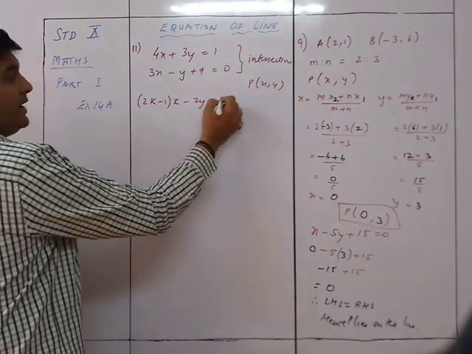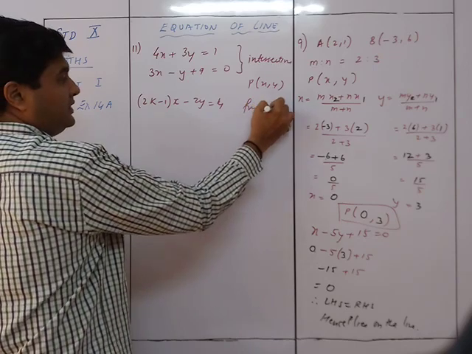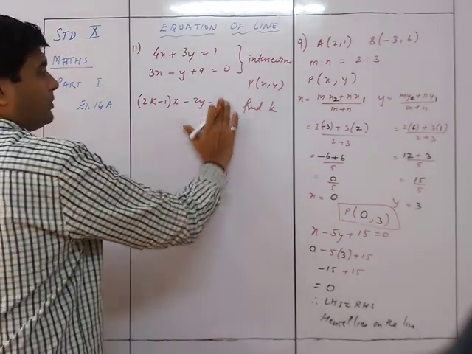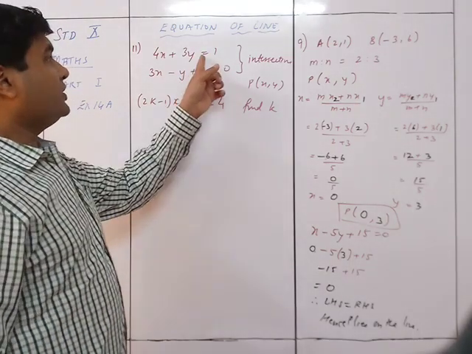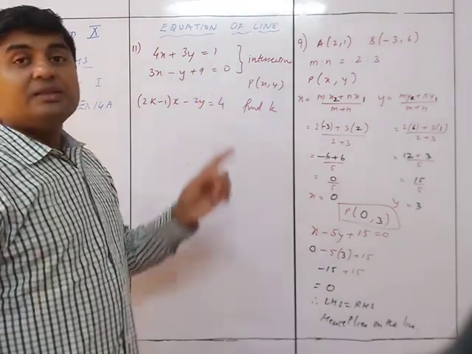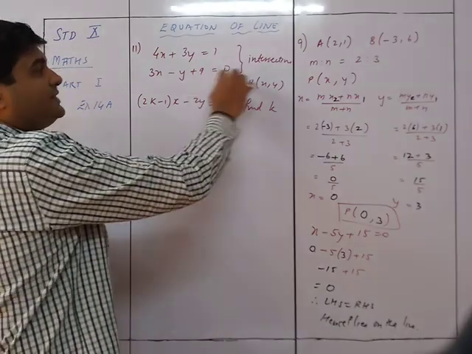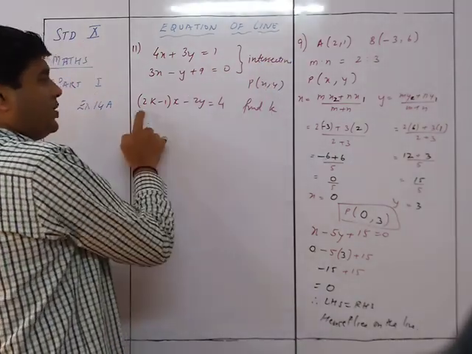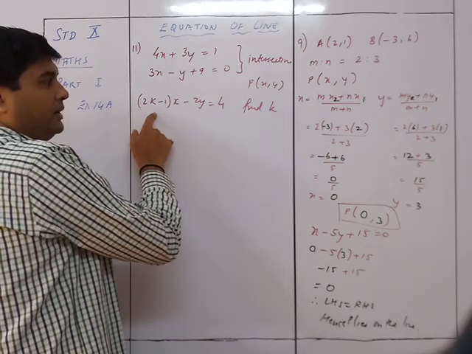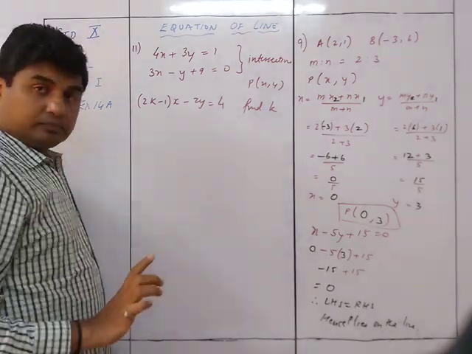So I need to find out k. So find k. This is what the question is about. Did you understand the question? These two equations are intersecting at a point, and this point is lying on this line. Hence you need to find out the value of k.